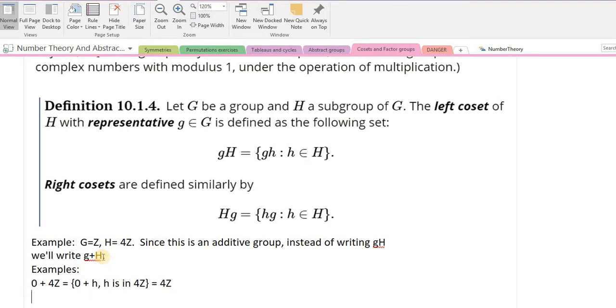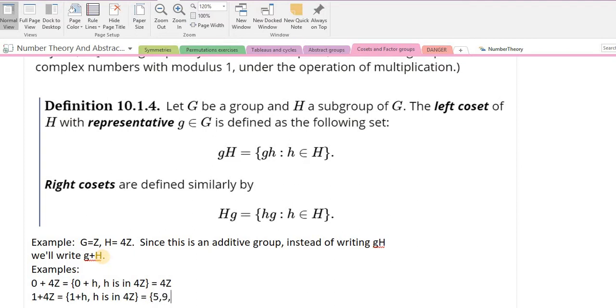All right, now what about 1 plus 4Z? The definition says that's 1 plus h, where h is in 4Z. If I was going to list that out, what would those elements look like? Give me an element in 1 plus 4Z. 5. Yeah, 5's in there. Anything else? 9.